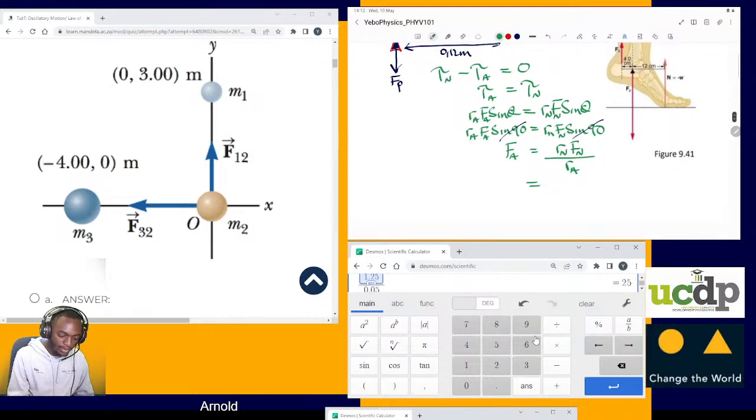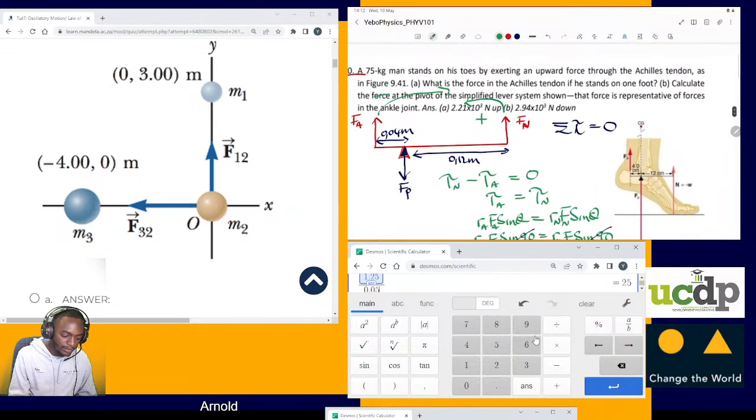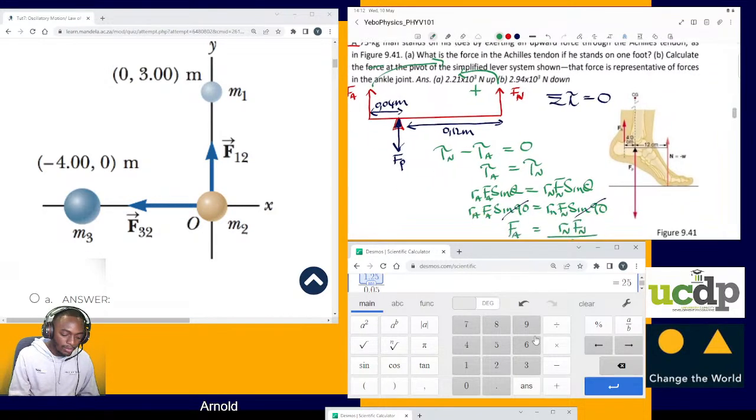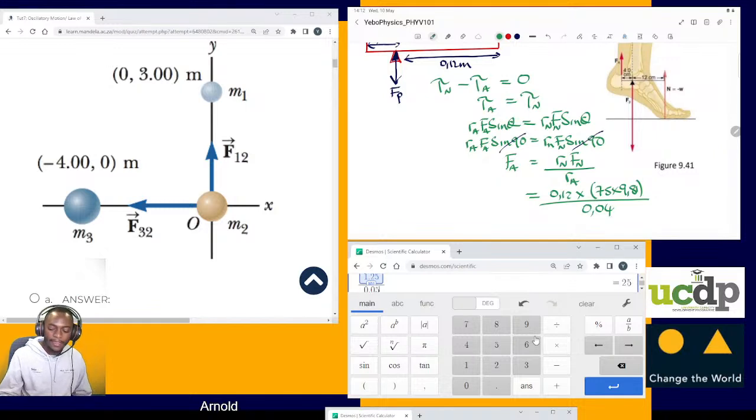That means we substitute now. Our Rn is 0.12 and our Fn is the weight of the 75 kg man, so that becomes 75 times 9.81. Then Ra is 0.04. Then we punch.